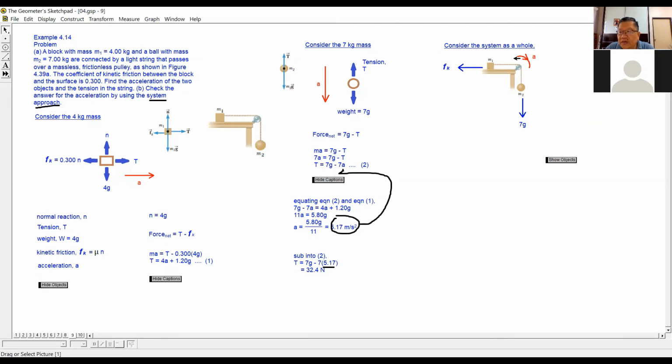The tensions are internal forces, they will cancel one another. So since the 7g is bigger, because it is moving in the direction of 7g, Newton's second law will be: the net force is 7g minus the kinetic friction.